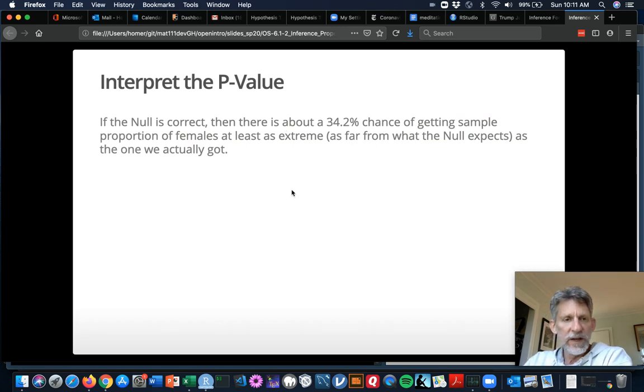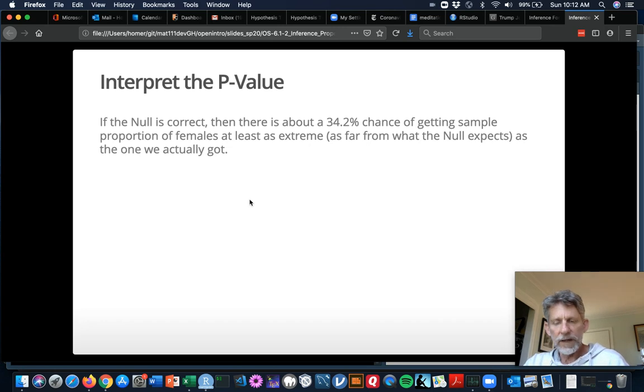So here we would say, if the null is right, if p is really just 0.5, neither a minority nor a majority, then there's about a 34.2% chance of getting a sample proportion of females that's at least as extreme, as far from what the null expects as the one we actually got.